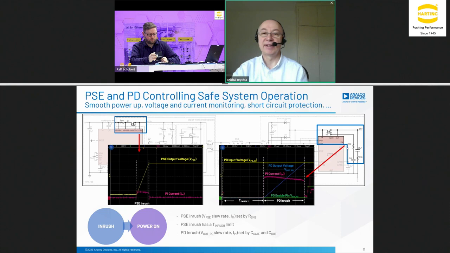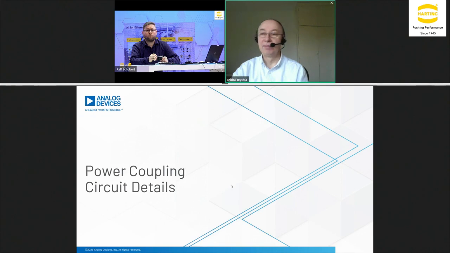And also on the powered device, it is only turning on the rest of the circuitry when the appropriate power is available. And of course, it enables monitoring the current and voltage during the whole operation of the system, and provides short circuit protection and other safety measures. So that's a PSC and PD controller.